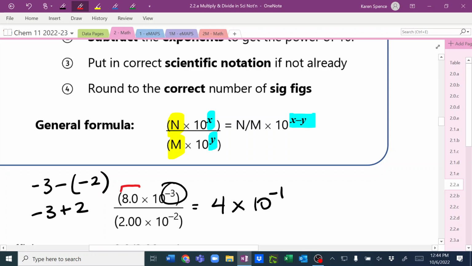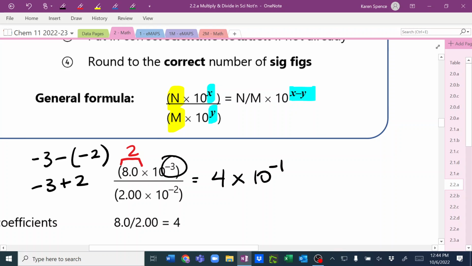How many do we have here? About 2, or maybe exactly 2. How many do we have down here? 3. And so our answer should be 2 sig figs. So how would I write 4 times 10 to the 1 with 2 sig figs? 4.0 times 10 to the 1. Okay?